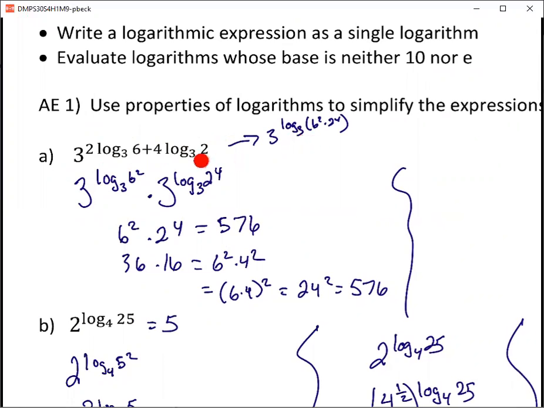Now, what I wanted to show with this problem was actually one of our exponential properties. If you remember, if we have the exponential expression, I'd say not use 3 because I'm already using 3. Let's say a to the m times a to the n equals a to the m plus n. So if you remember that property from exponents, this is actually working with that property backwards, where what we have here is that addition of the exponents.